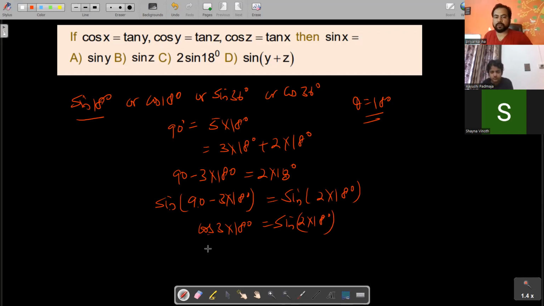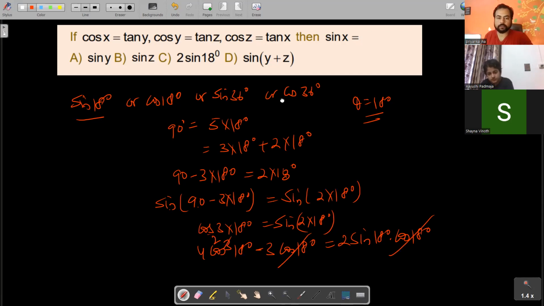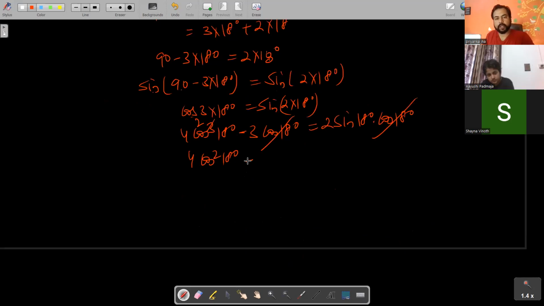So cos 3 theta, you can apply the formula 4 cos cube theta minus 3 cos theta, equal to sine 2 theta as 2 sine theta into cos theta. Understood? Now, one cos 18 you can cancel. So this is 4 cos square 18 degree minus 3 equal to 2 sine 18 degree.